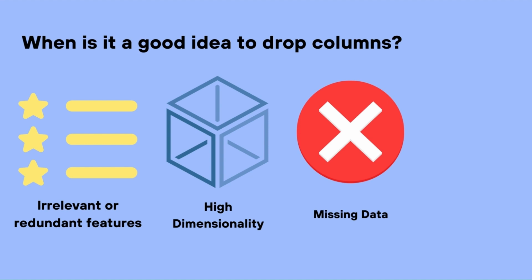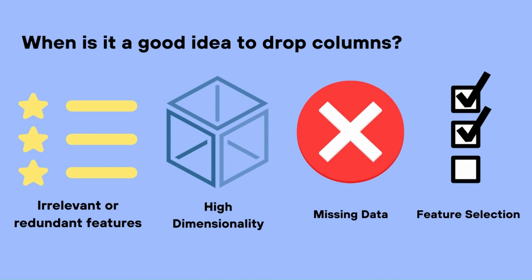And finally, in feature selection, dropping columns is really great. In cases where we may need to build a machine learning model, we perform feature selection, which is a fancy way of saying that we're going to choose features or columns that are meaningful for us to create a model that will present the output that we're trying to present.